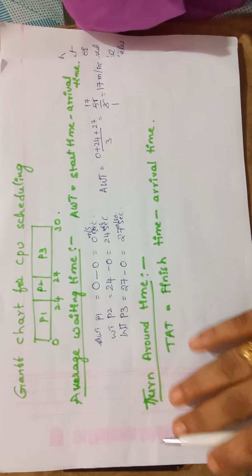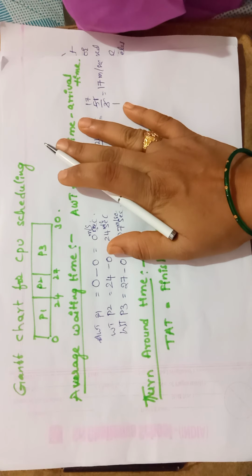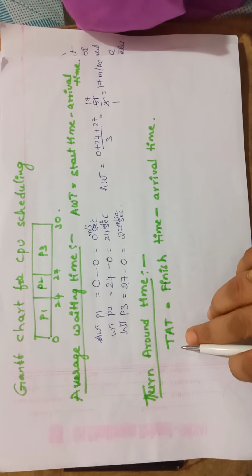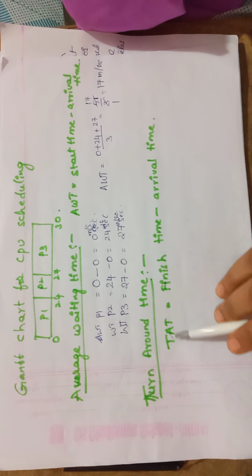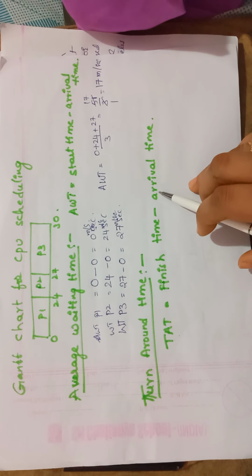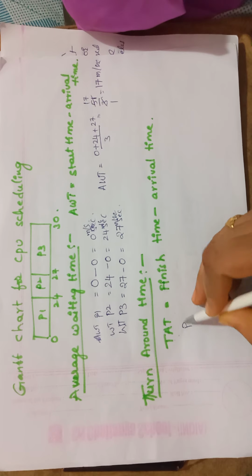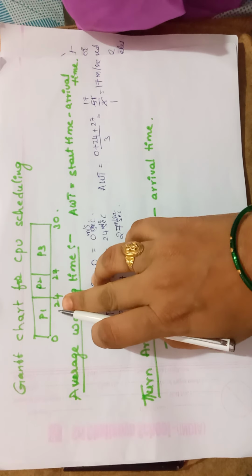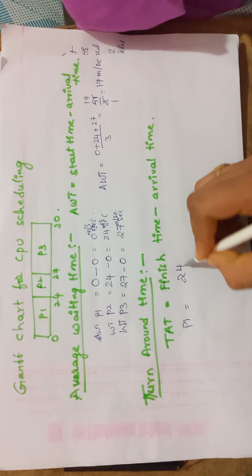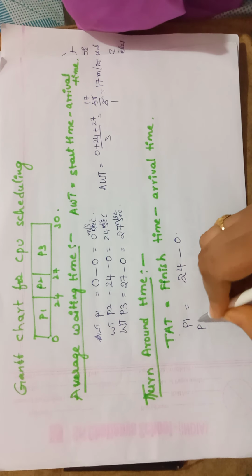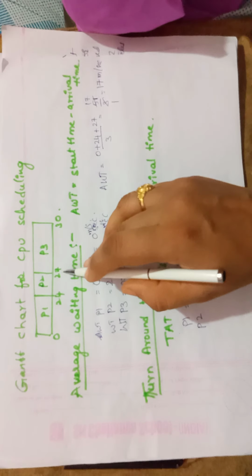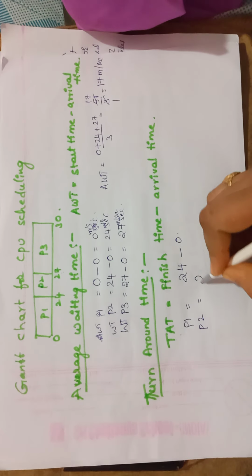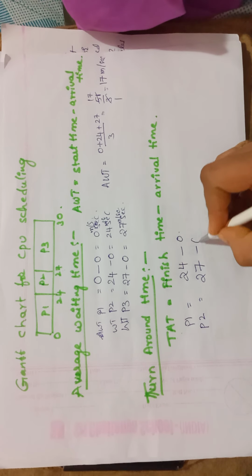Now we'll calculate the turnaround time for first come first serve. Turnaround time is the total completion of the process. The formula for turnaround time is finish time minus arrival time. The P1 finish time is 24, at 24 seconds it is going to finish, and the arrival time is 0. Next, P2 completes its execution at 27 milliseconds and the arrival time is 0.